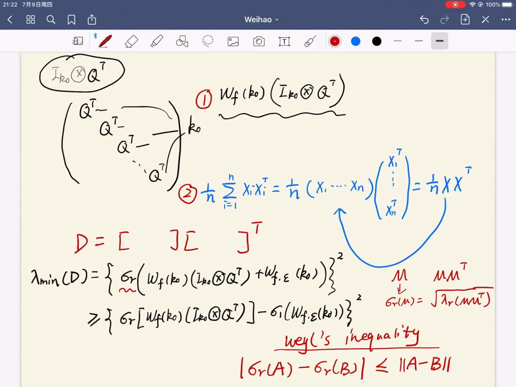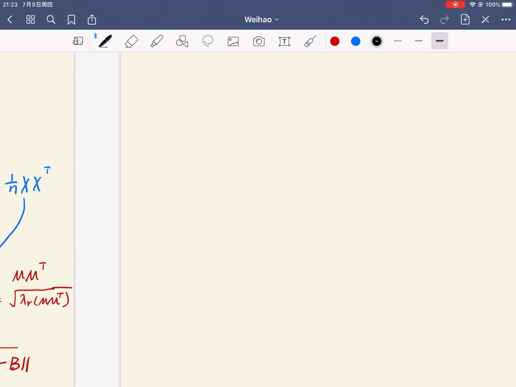This inequality is very useful. If you want to learn more about this, you can search the min-max characterization of eigenvalues for matrices on Google. You can directly find the relevant result. Let's continue on the next page.